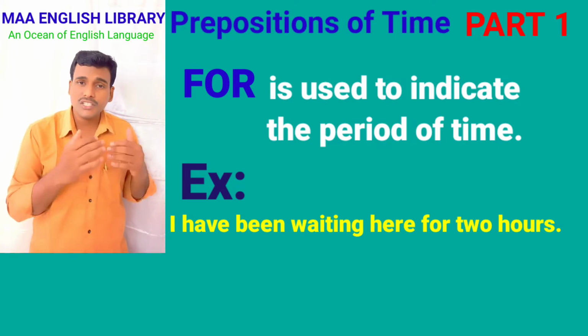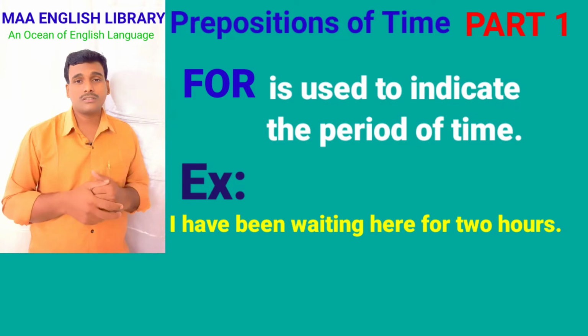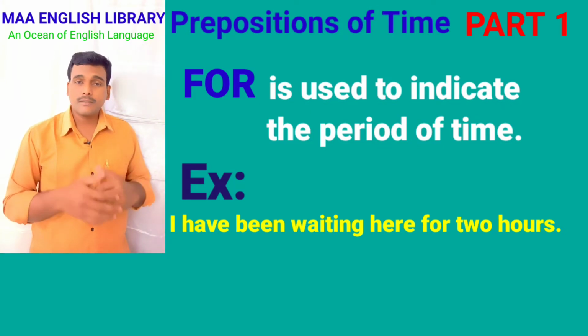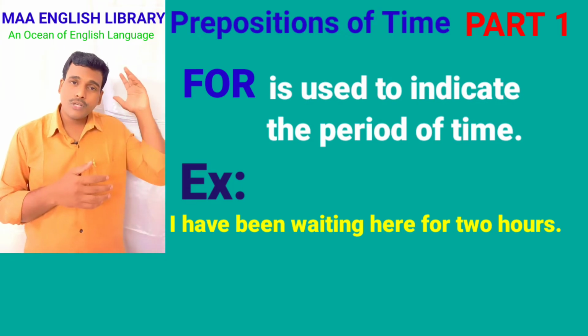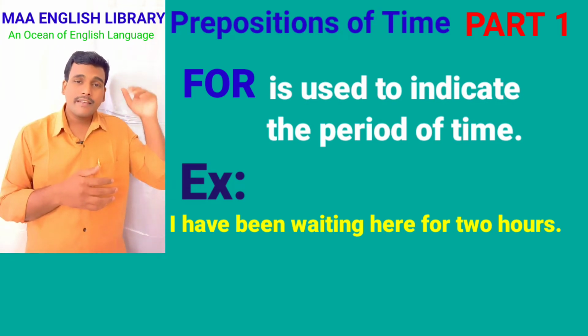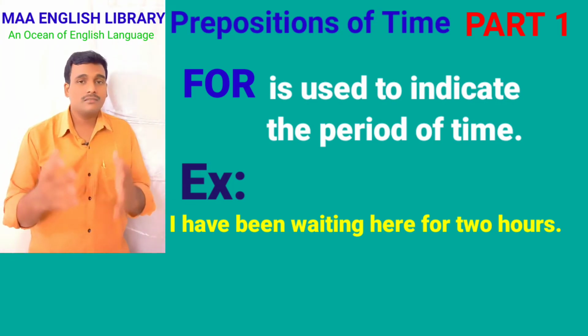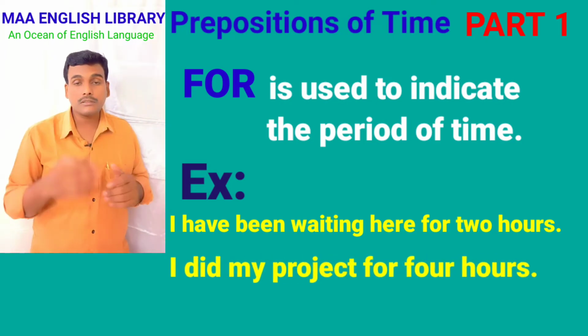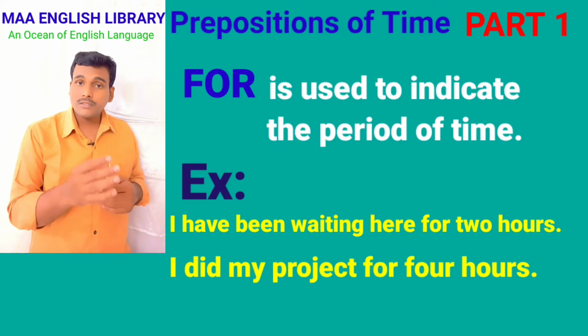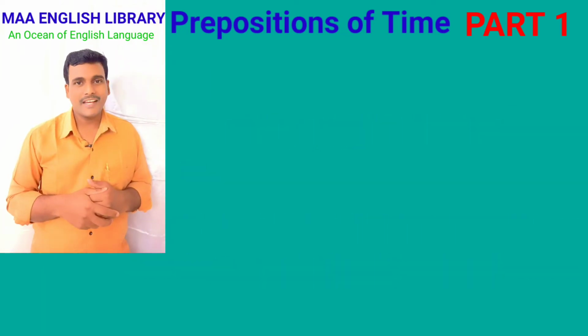It's a present perfect continuous tense. Before 2 hours I started waiting and still I'm waiting. I did my project for 4 hours. There also I use for for a period of time.